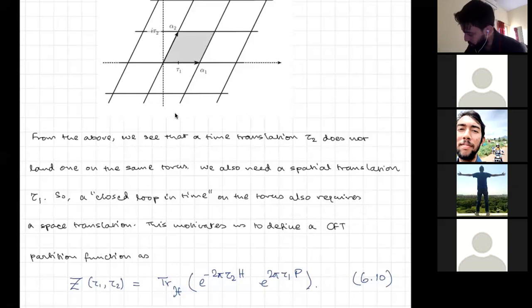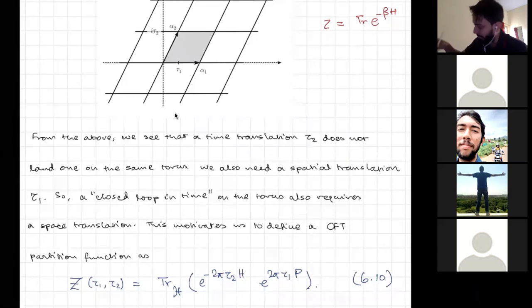In a usual stat mech system, this used to be the trace of e to the minus beta H, and this beta turned out to be the identified time direction.